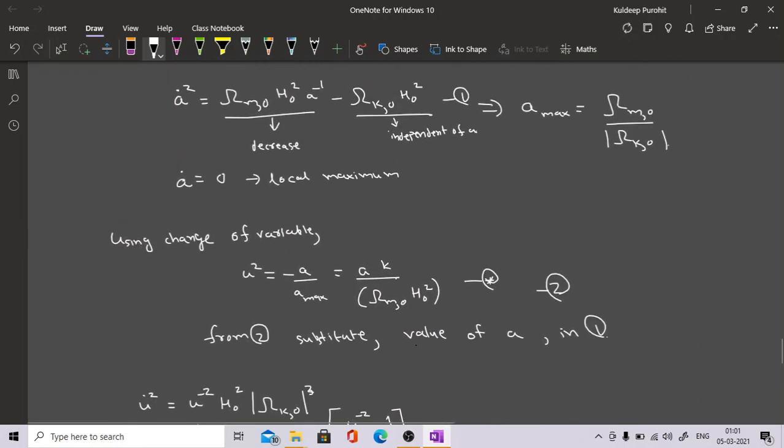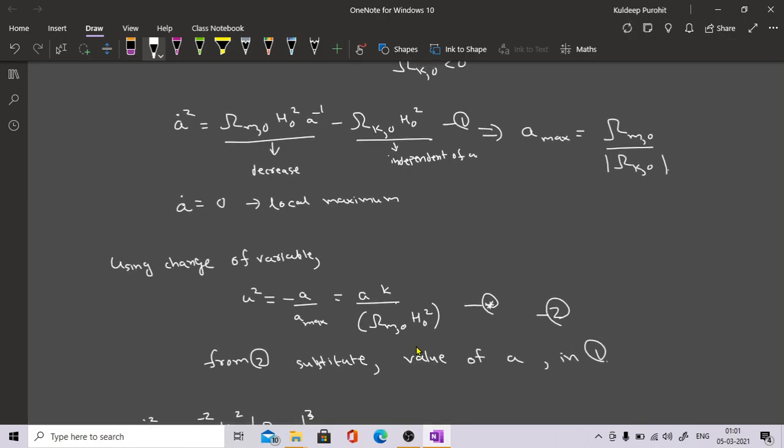If a is very large, this term will almost go to 0 for very large values, so you will be left with a dot square equal to something like minus k, and you will get that a is proportional to t.